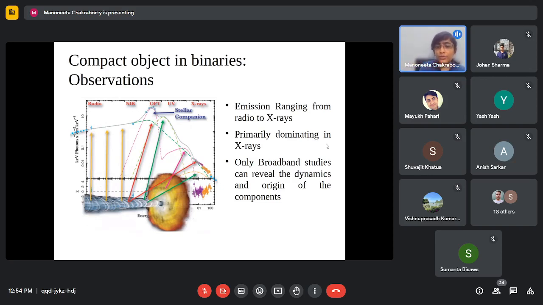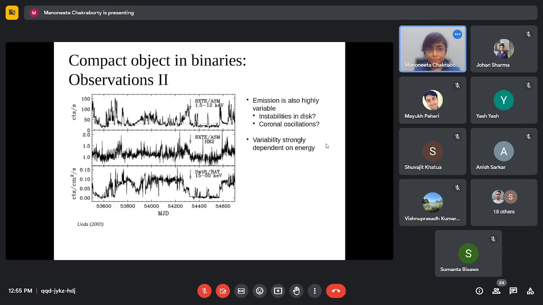So in order to understand these objects, though they are X-ray bright, just looking at them in X-rays is not enough. And that's why we nowadays are moving towards broadband studies or multi-wavelength observations to completely understand the dynamics of the system and the origin of the emission from these various components of the binary.